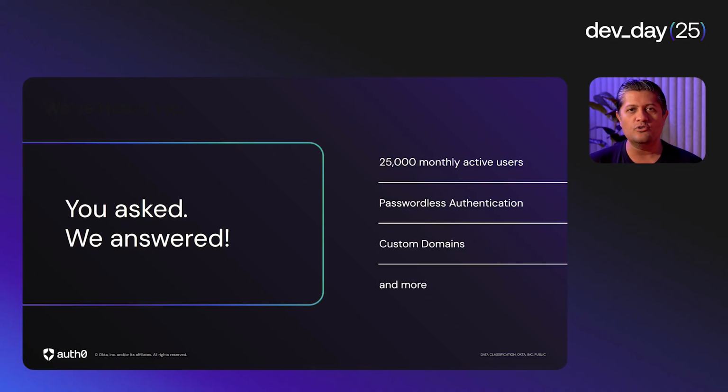Plus, we've heard you loud and clear on wanting more from our free plan. So, we've bumped it up to give you more room to experiment and grow. We've increased the number of monthly active users from 7,500 to 25,000. And we've made it free to add passwordless authentication to your applications. And we've made it possible for you to use your own domain with Auth0, all for free. Now look, we're not stopping here. We're going to keep pushing forward.